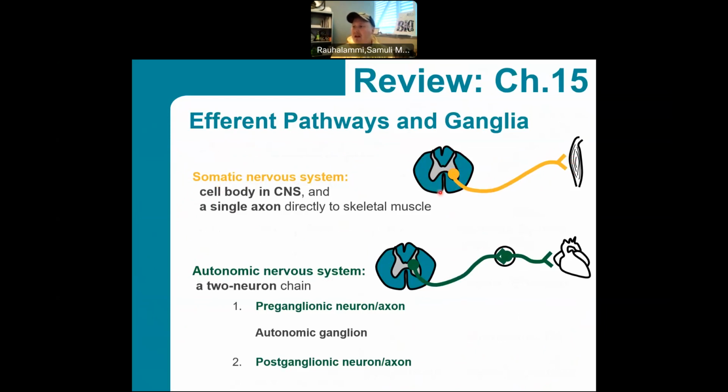In this diagram, you'll see it in the spinal cord in a cross-sectional view. And there's just a single axon that directs the message directly to the skeletal muscle.